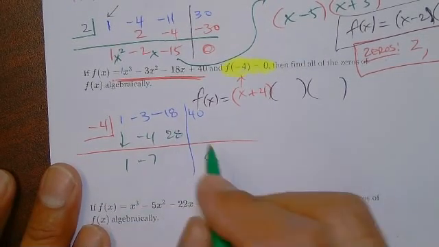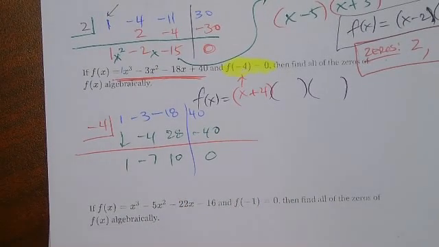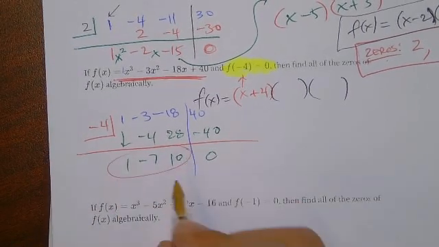And I know I'm right because I better get remainder 0. Let's see. That's going to be 1, negative 4, negative 7, positive 28, positive 10, negative 40, 0. I'm good.